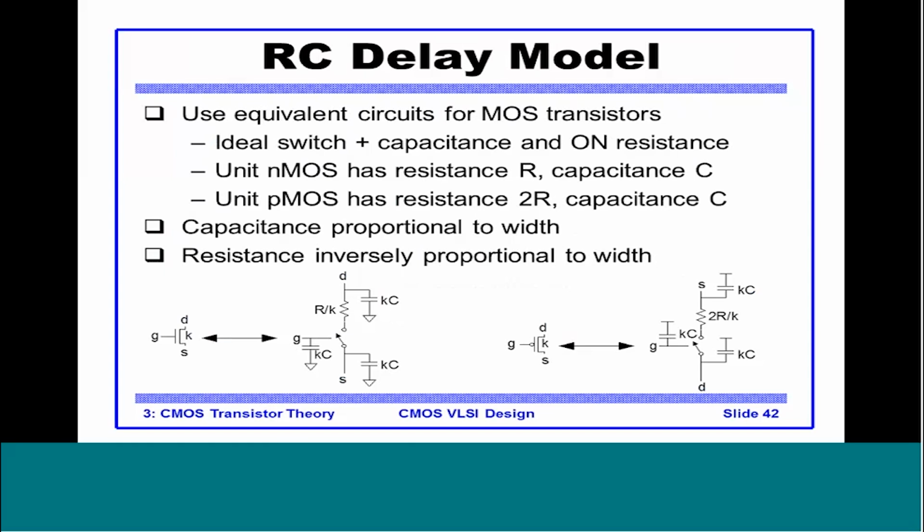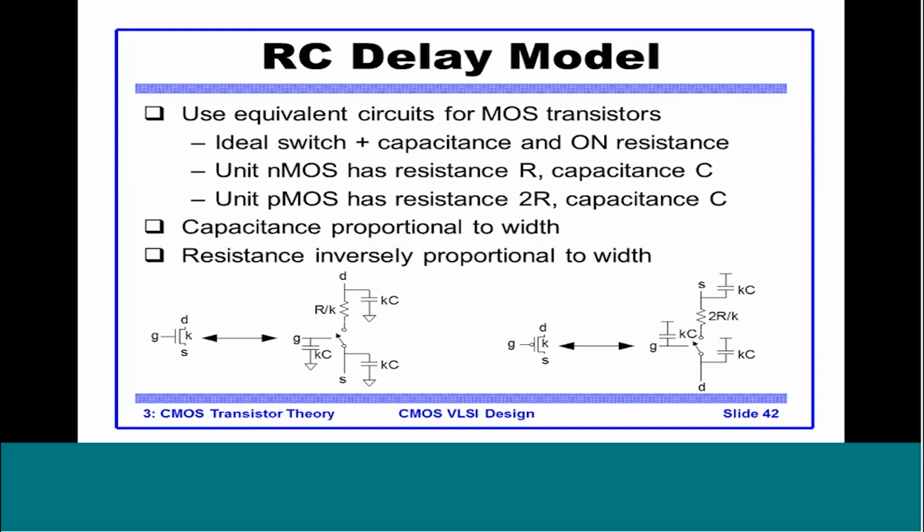So what we do is we say that a MOS can be represented by an ideal switch plus a capacitance and an on resistance. Whenever the switch is off, obviously the resistance is infinite. Whenever the switch is on, there is some finite on resistance. Let's say the NMOS has resistance R and capacitance C. A unit PMOS will have a similar capacitance C, but will have an on resistance twice that of NMOS because the mobility of holes is half.